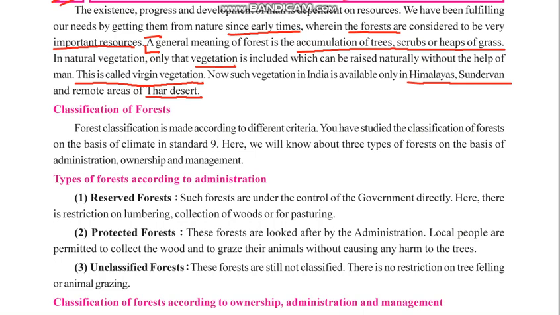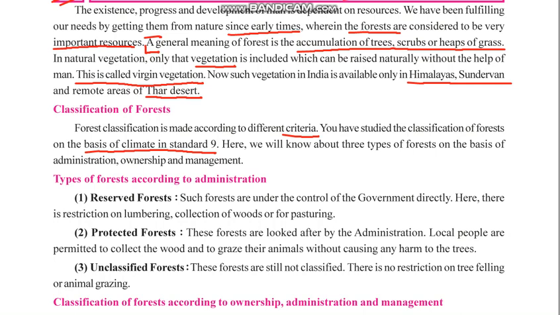Classification of the forest. Forest classification is made according to different criteria. You have studied the classification of forest on the basis of climate in standard 9. If you remember, you had a whole chapter on climate, and in that we had divided the forest into 5 zones, like the tropical deciduous forest, the evergreen forest, the desert, the temperate and so on.